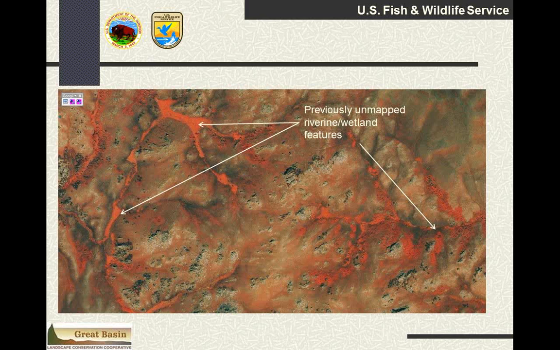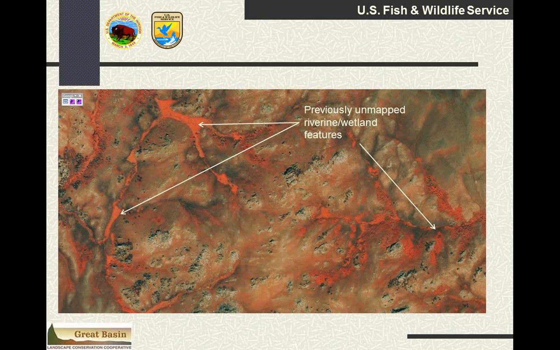Here's another example of some typical things that we're seeing. I believe this area is towards the northern end of the Nevada study area. We have some wet meadows, and this is what the NWI has previously mapped it as. There are no linear features. There are no wetlands present whatsoever.